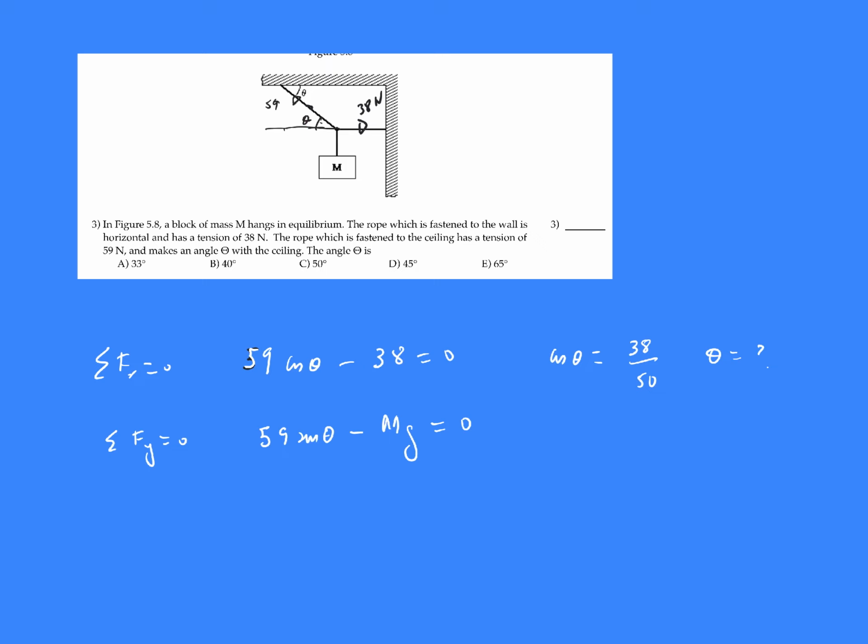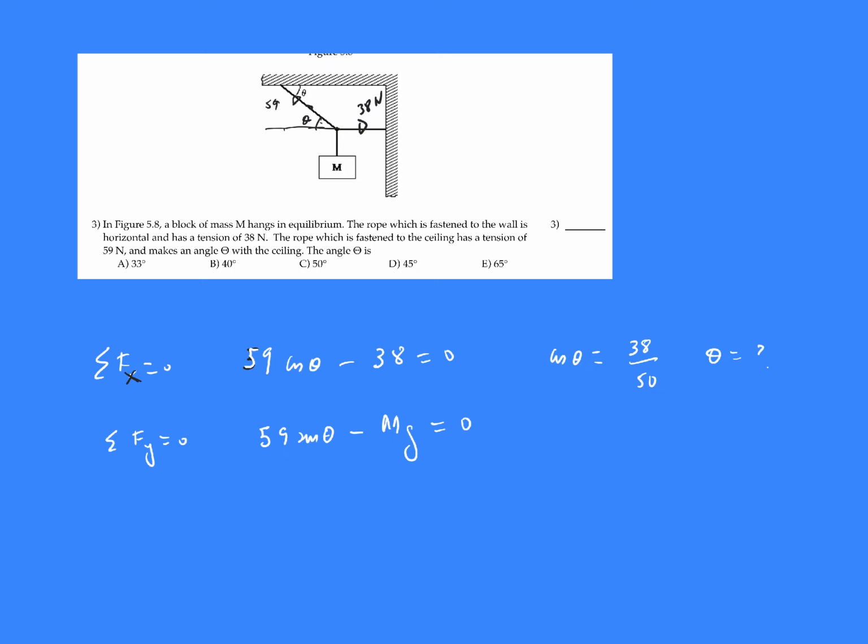How is it possible that this is in equilibrium? It's possible because the sum of all the forces in the x direction is 0, and the sum of all the forces in the y direction is 0. So we have to place an equation that says there is no acceleration in the x direction, and no acceleration in the y direction. In the x direction, we see 38 going to the right.